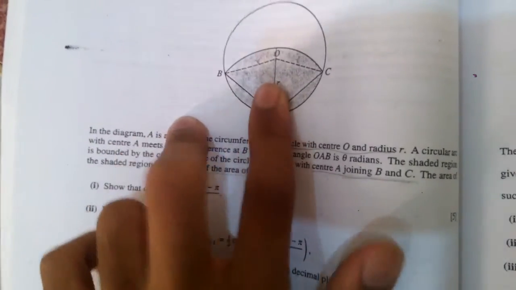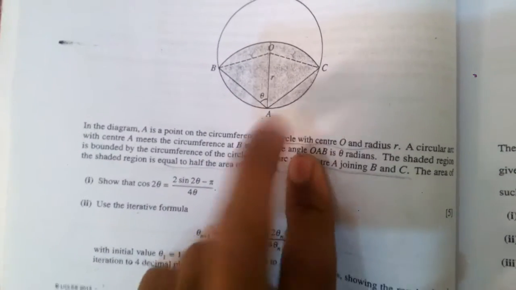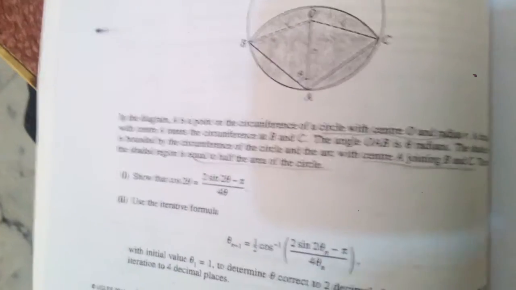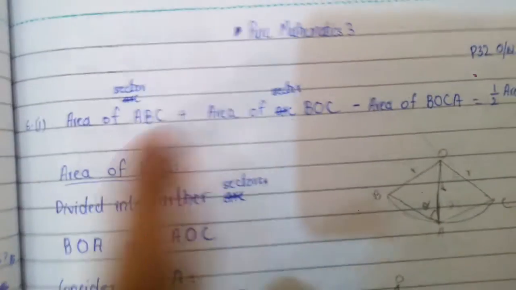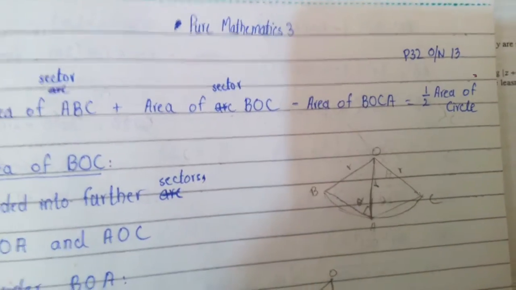This gives us the area of the shaded region, which is equal to half the area of the circle. I have written it in the form of an equation here: area of ABC plus area of BOC minus the area of BOCA is equal to half the area of the circle.